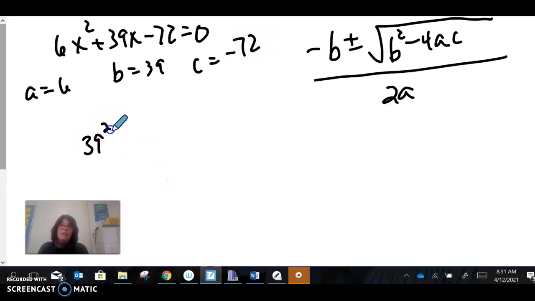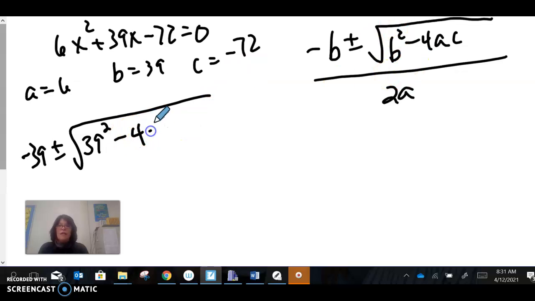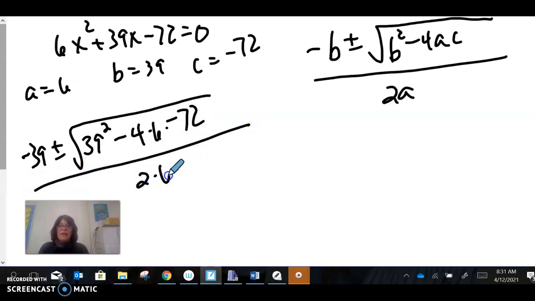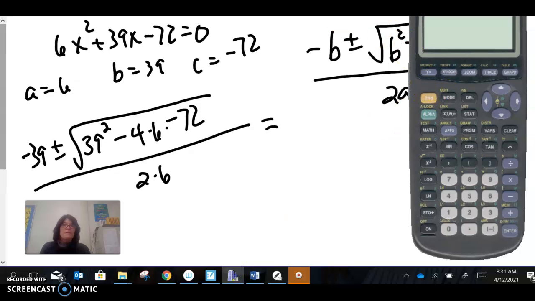You would take on your calculator the opposite of b, negative 39, plus or minus the square root of b squared minus 4 times a times c, all over 2a. I would do that on my calculator. Let's pull my calculator over here.